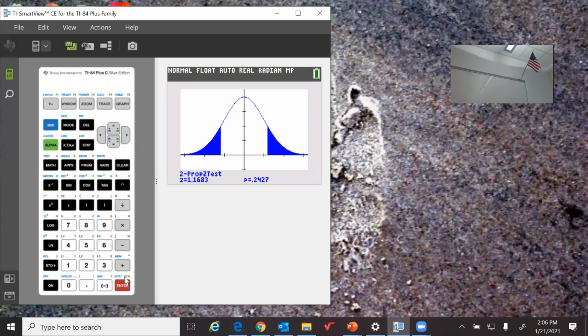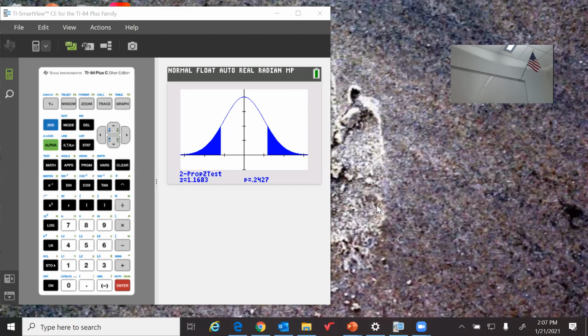But think about the definition of p-value. It's the probability of getting what you got. What did we get? We got 1.683. There's 1, essentially 1 to 6. We got 1 to 6. But what happened? It was a two-tailed test, so the calculator reflected it over the y-axis.